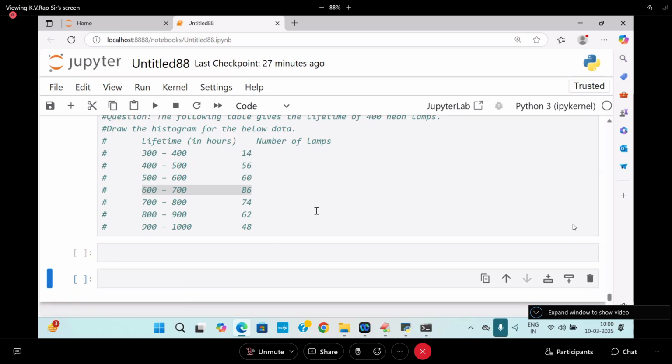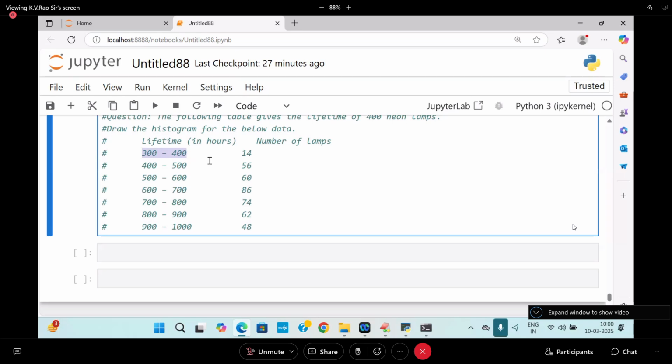Follow me carefully. What is this value? From 300 to 400, how many values should come? 14. So how am I going to take it? And 400 to 500, how many values? 56.